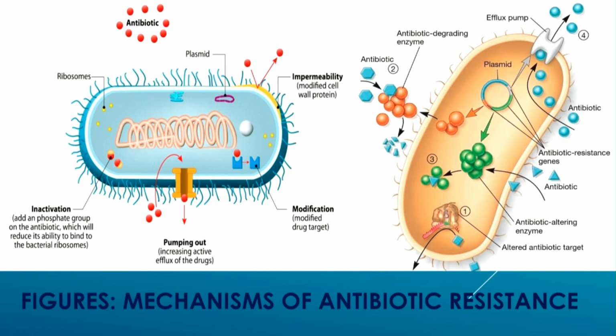Some of these genes can cause resistance to antibiotics. Also, we know that antibiotics are broken down by enzymes that cause degradation of the antibiotic, such as beta-lactamase. Antibiotic resistance genes present on the plasmid cause several types of resistance.